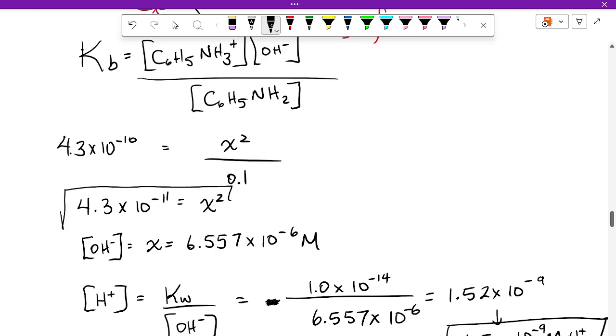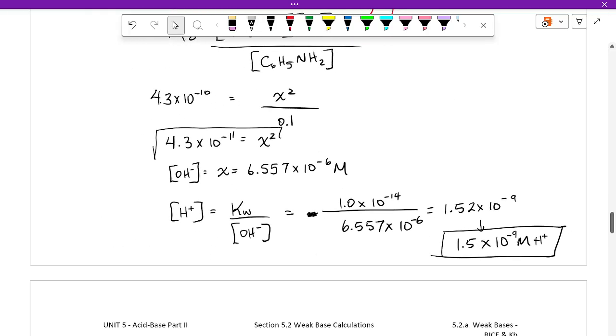Did you guys get 1.5 times 10 to the minus 9? Yeah. Is that pretty much exactly like doing Ka calculations except with Kb? Yep. Okay, so there's nothing new there really to speak of. All right.